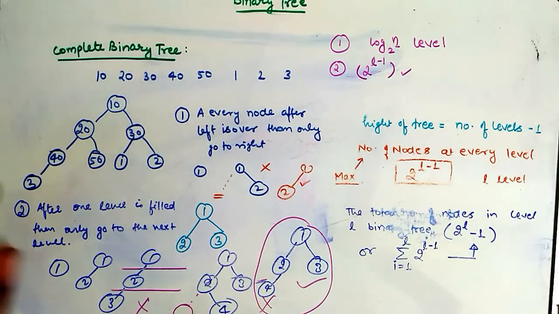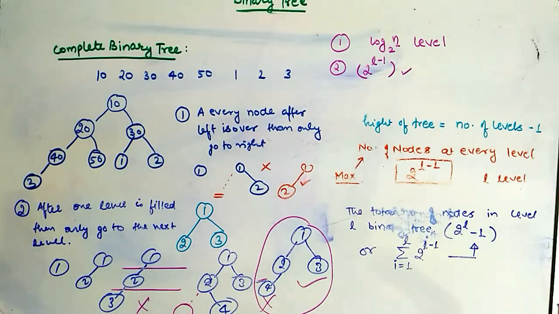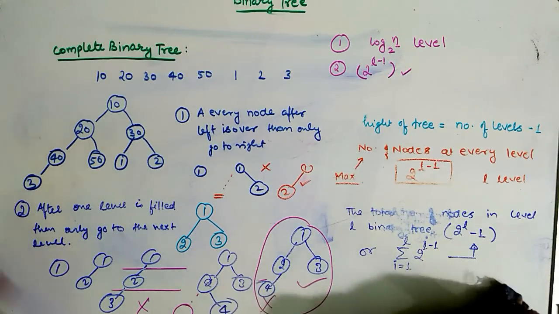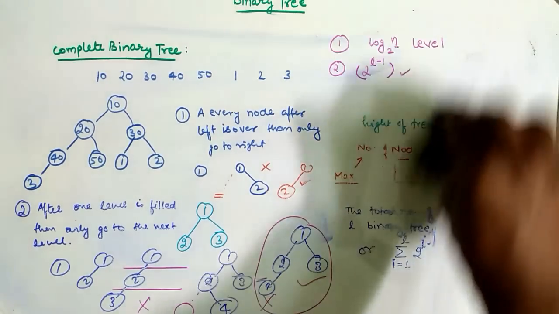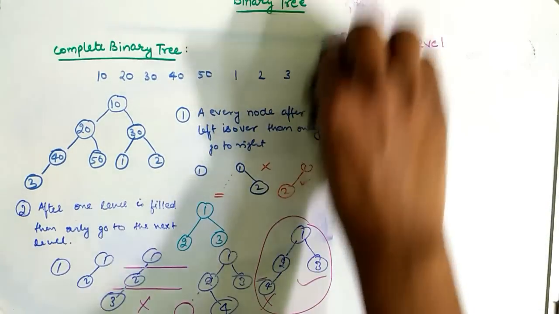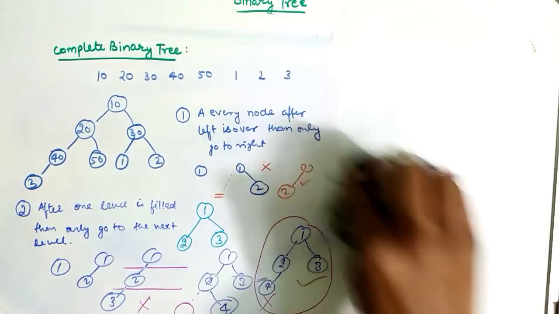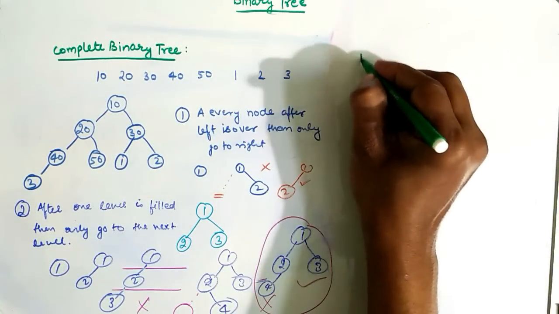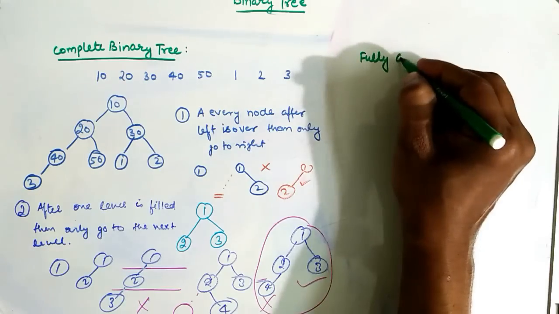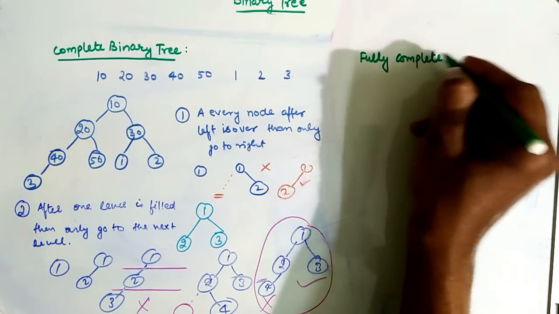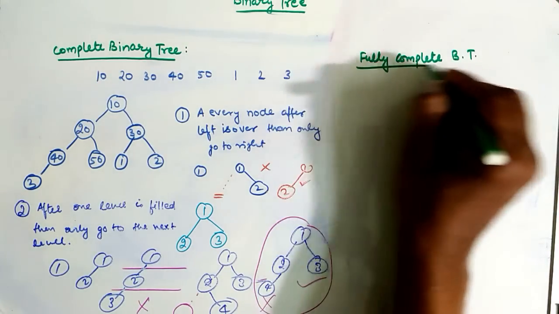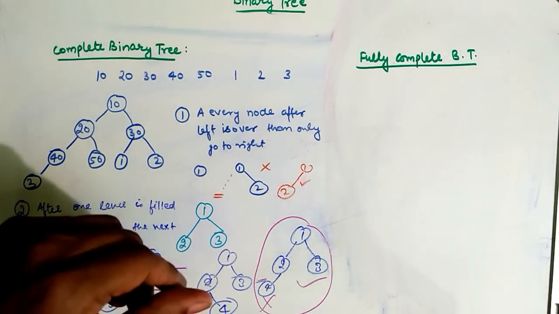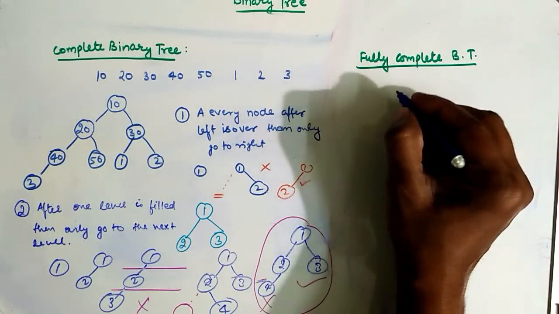Now another thing is, after complete binary tree we need to study about the fully complete binary tree. So there is a little bit difference between a complete binary tree and a fully complete binary tree. So I just explain you what is the difference. So for a tree to be a fully complete binary tree, just see the example which tree is not a fully complete binary tree.